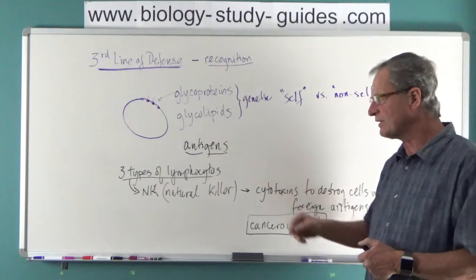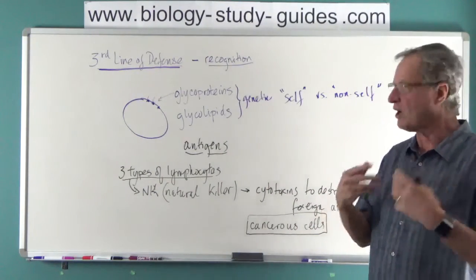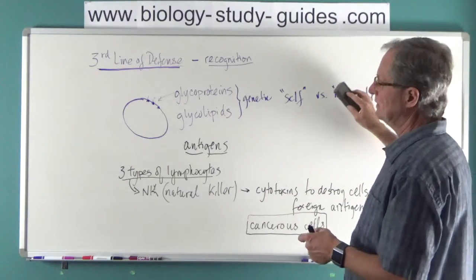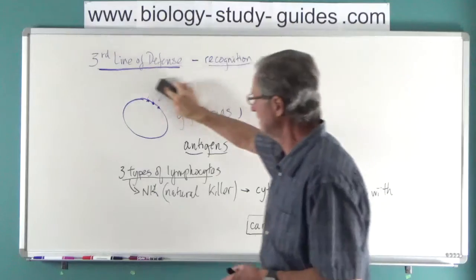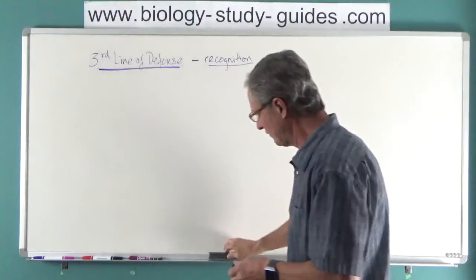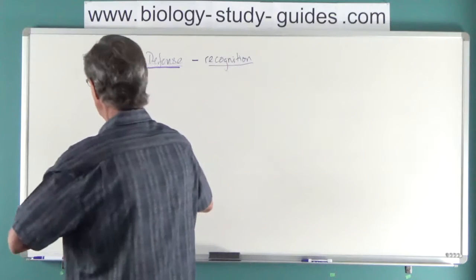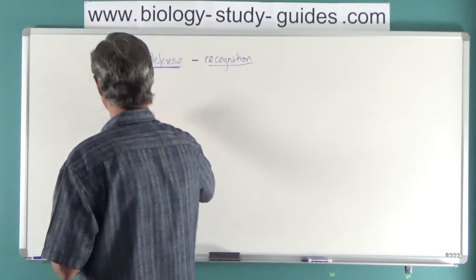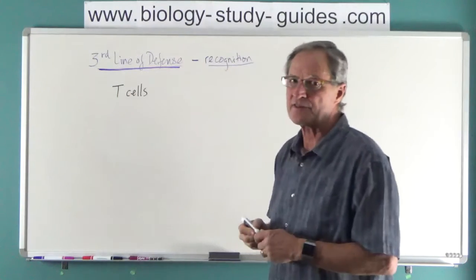The other two kinds of lymphocytes have an even more complicated pattern for the immune system. So let me just erase this and we'll deal with them one at a time. There's the T cells. The T stands for thymus.